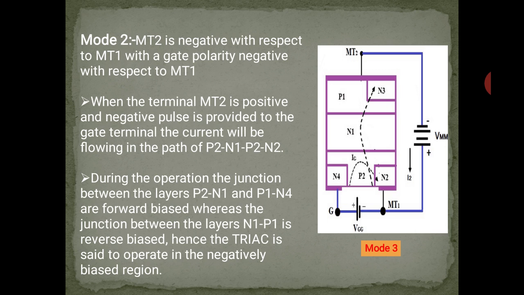During the operation, the junction between layers P2 N1 and P1 N4 are forward biased, whereas the junction between layers N1 P1 is reverse biased. Hence, the triac is said to operate in the negatively biased region.